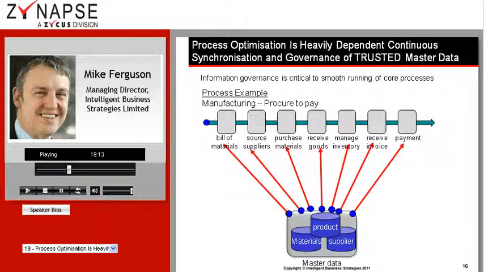So looking at that requirement, as you can see on this slide, process optimization or process improvement, which is high on the agenda of many organizations, is very much dependent on consistent data, making it to all points of the process. Now, we're looking here at procure to pay. In a procure to pay process, there could be multiple systems involved, including ERP.